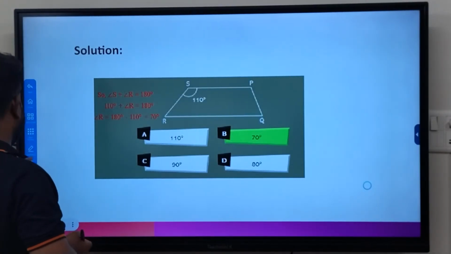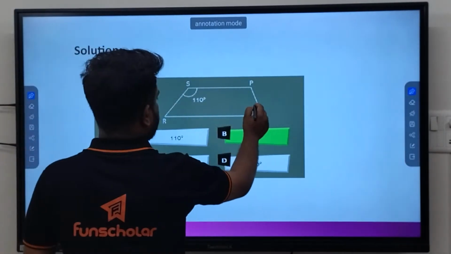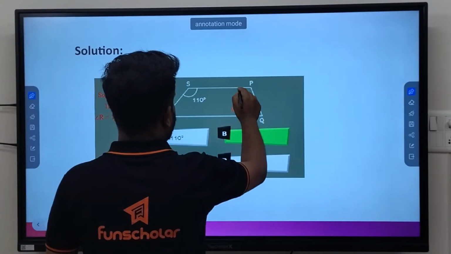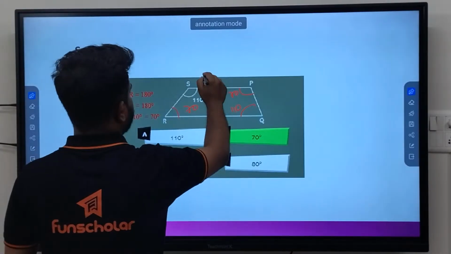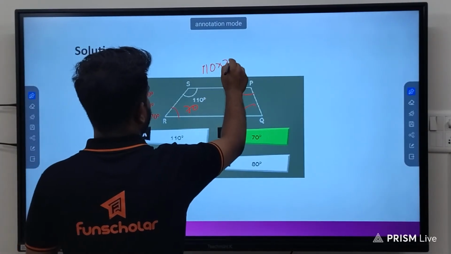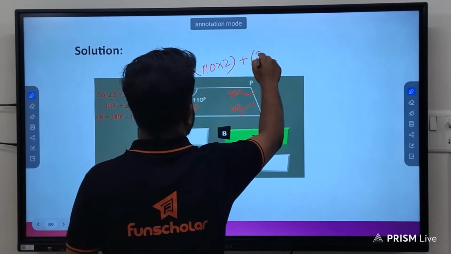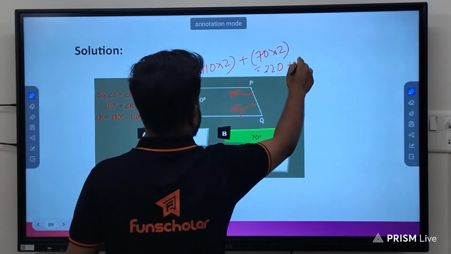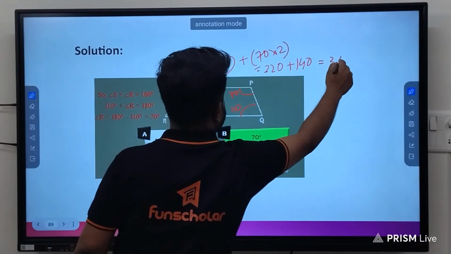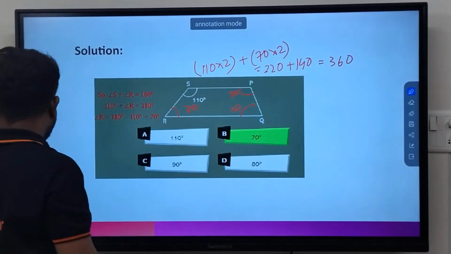So 110 into 2 plus 70 into 2, it will be 220 plus 140, that means 360.